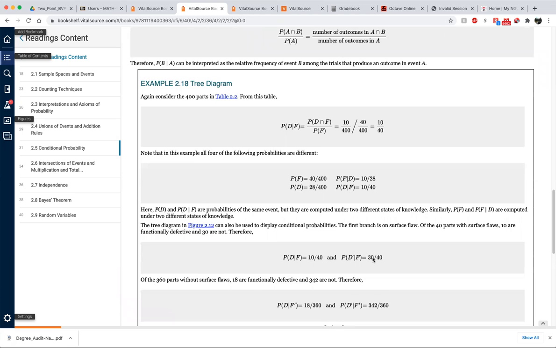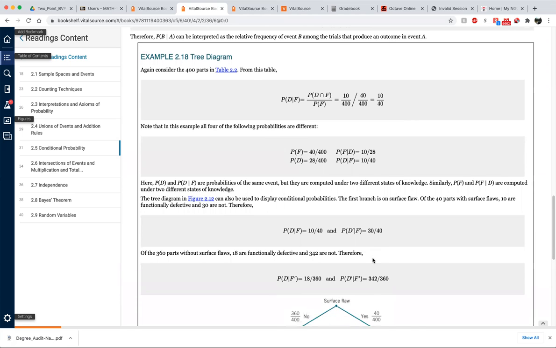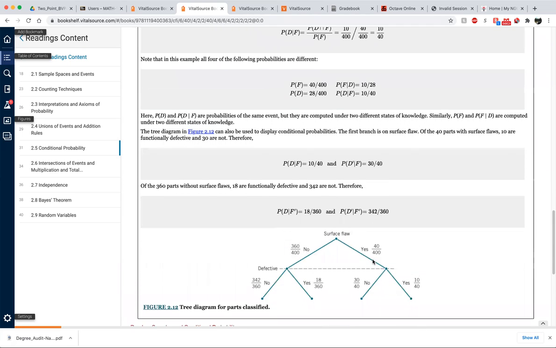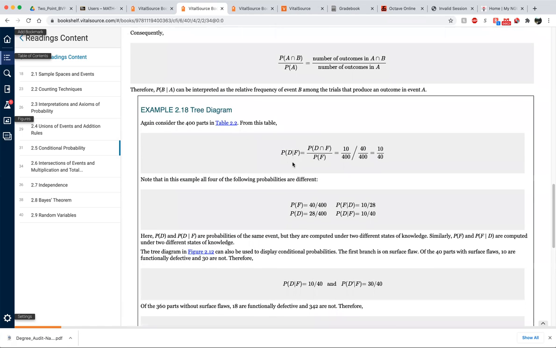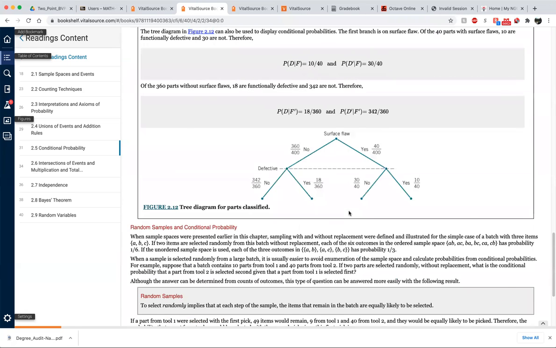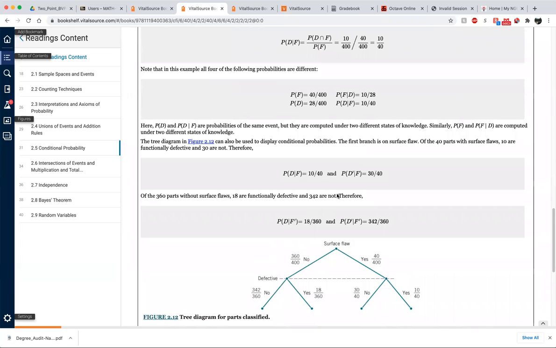And then P of D given F prime is going to be 18 over 360, and P of D prime given F prime is 342 over 360. I'm sure that once you understand this one, it's not a big deal to figure out those four conditional probabilities.